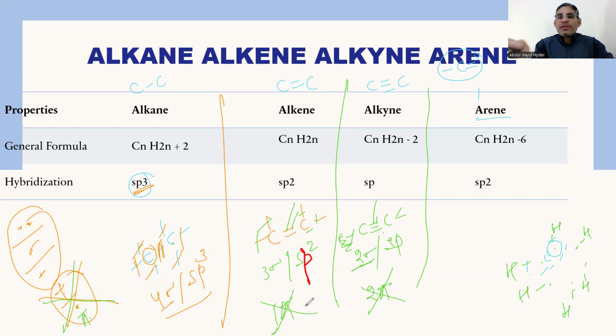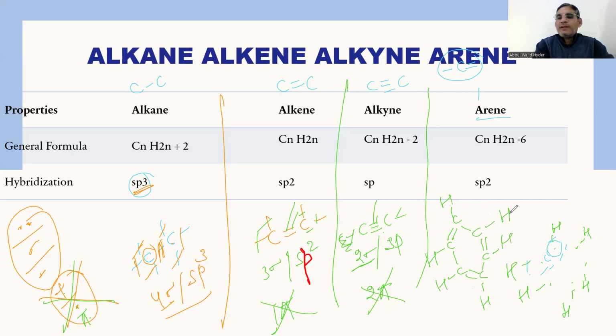Now see, this arene will be having alternate single and double bonds. Double bond, single bond, double bond, single bond, double bond, and each carbon will be having one hydrogen atom attached with it. In this way, you'll draw its graphical formula.